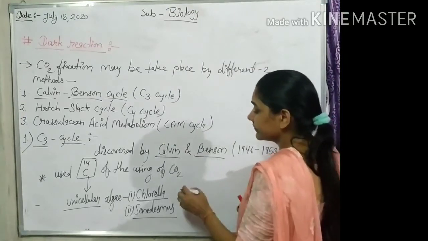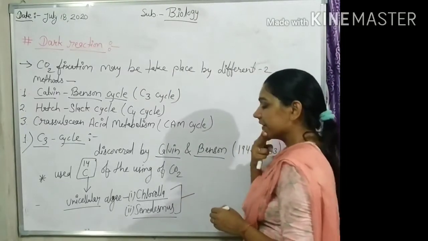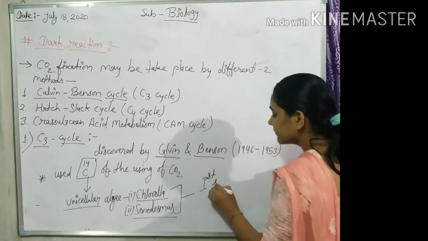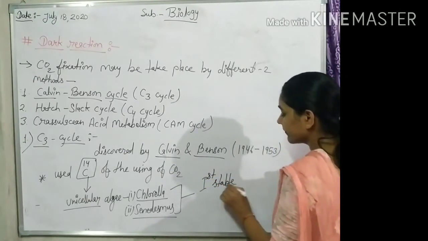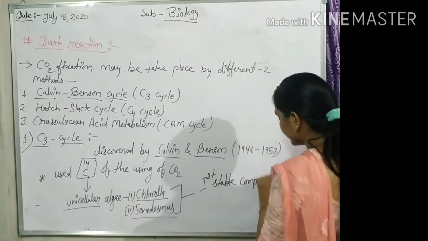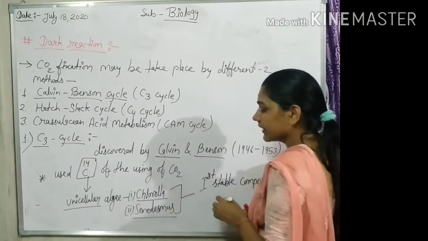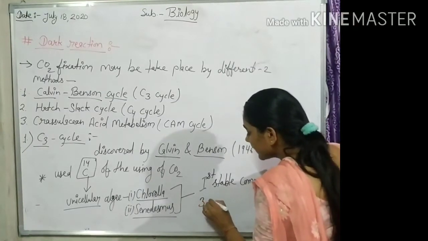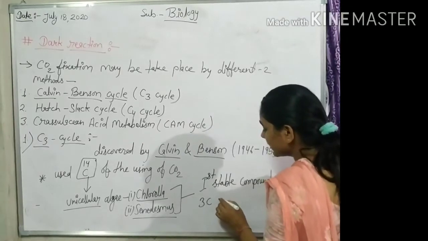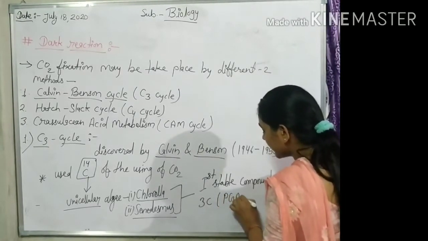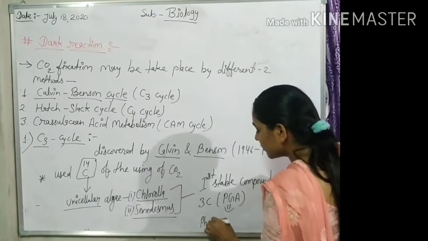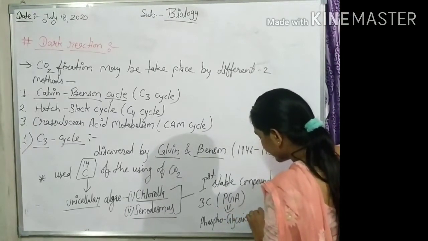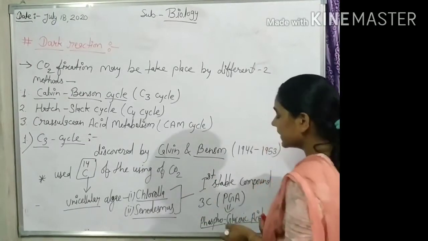In this algae, they observed that the first stable compound in this phase is a 3 carbon compound, which is PGA, full form phosphoglyceric acid. PGA is a 3 carbon compound.